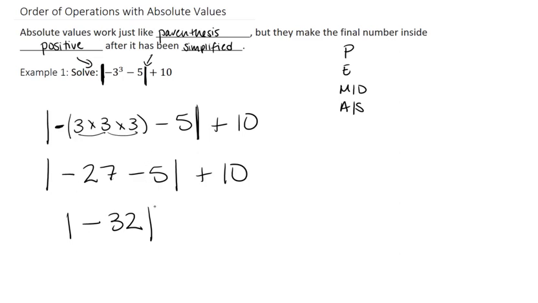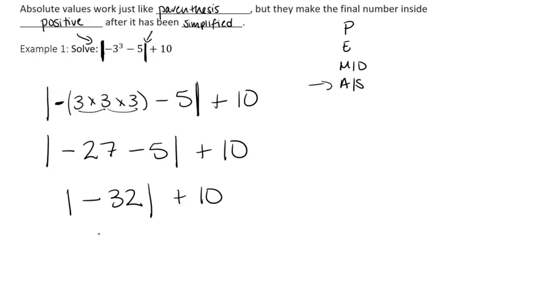So that's 32 plus 10. Now we've dealt with inside the absolute value sign and we've simplified it using the order of operations. We did exponents, we didn't have to do multiply or divide, so we could just subtract, doing our final add and subtract step.